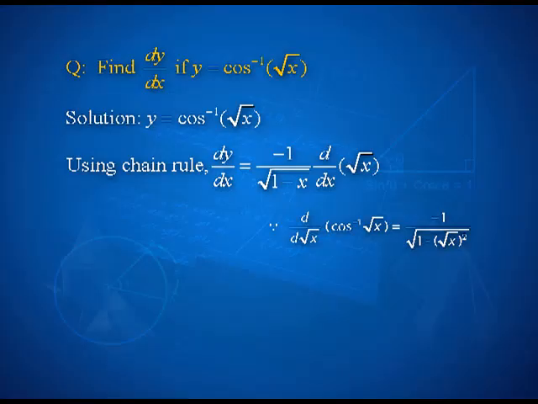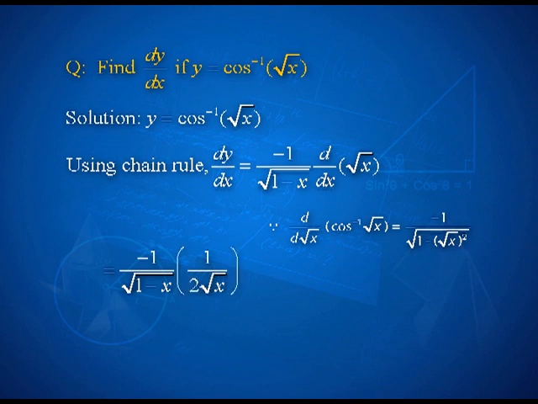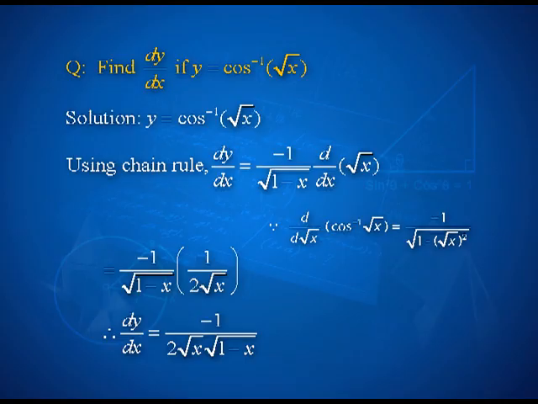Isn't that so? That simplifies to be minus 1 by under root 1 minus x. And what is the derivative of root x? Nothing but 1 by 2 root x. That gives you the derivative of y with respect to x as minus 1 by 2 root x into root of 1 minus x.